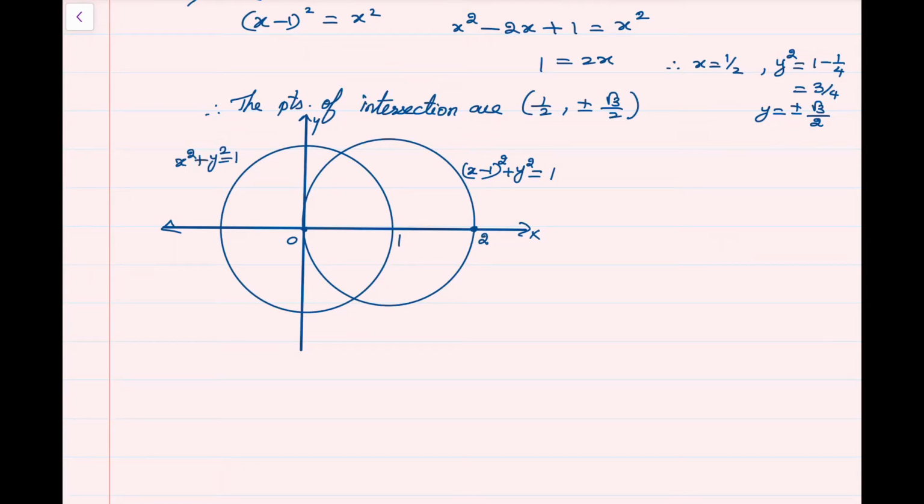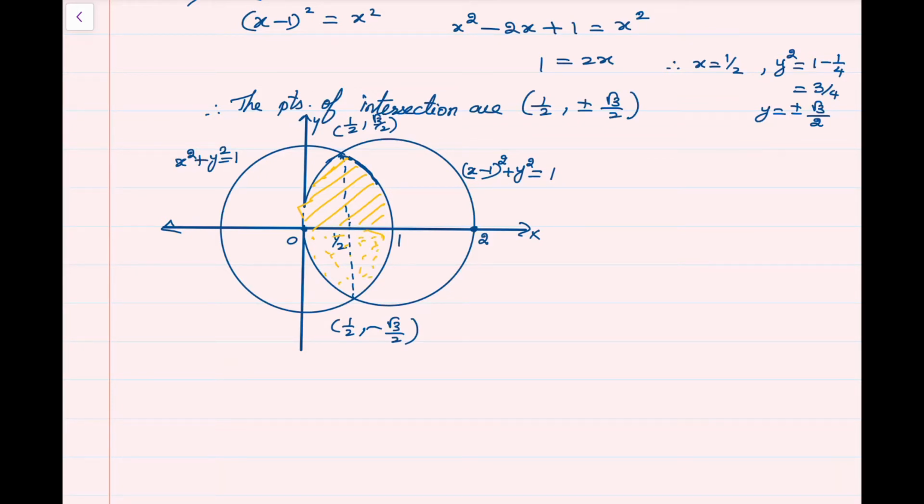And the points of intersection are half comma root 3 by 2 and half comma minus root 3 divided by 2. Let us draw the limit line. This is half. This is the area to be calculated and it is symmetric about x axis.